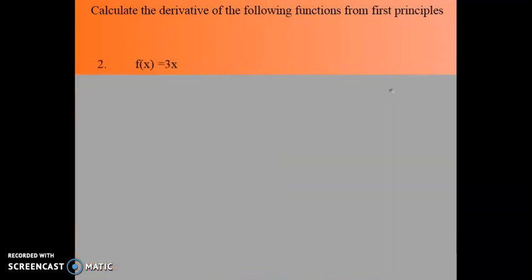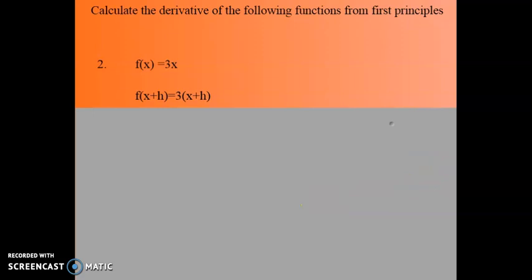If I look at the second one, the function of x is equal to 3x. Now I need to find f of x plus h. F of x plus h will be, wherever x is, it needs to be substituted with x plus h.